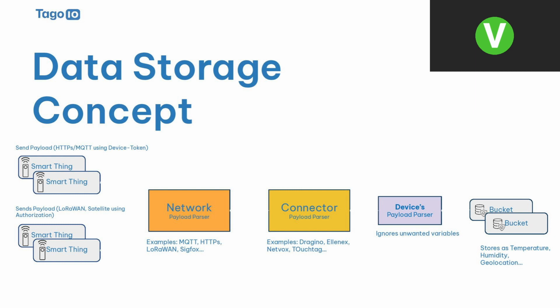which means at this point you are able to remove variables. So let's say you received 100 data, you can, using Payload Parser, ignore, let's say, 50 of this data and only store the remaining data to your device, and you will only be charged the data that is stored after the decoder of your device payload is applied.